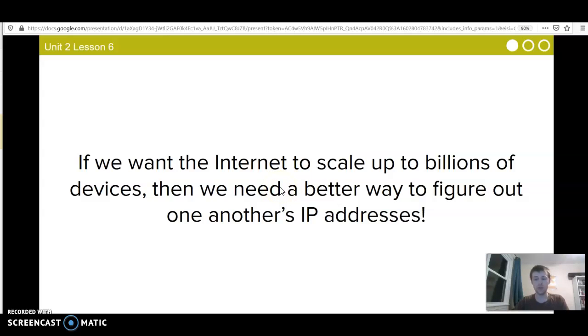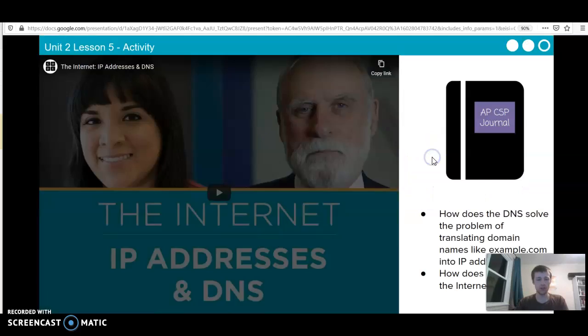So if I type in google.com, that URL is then transferred to a DNS server, and that server looks up the IP address associated with that URL and sends it back. And that is how we're able to look up various IP addresses on the internet.